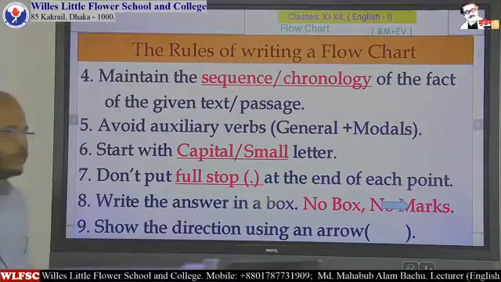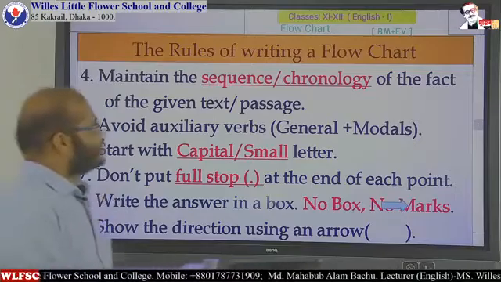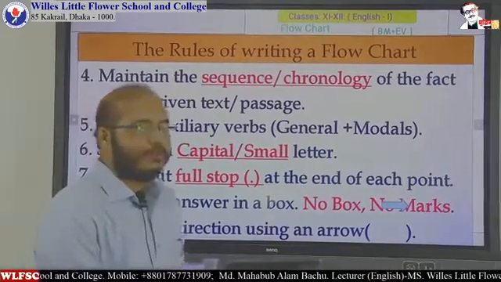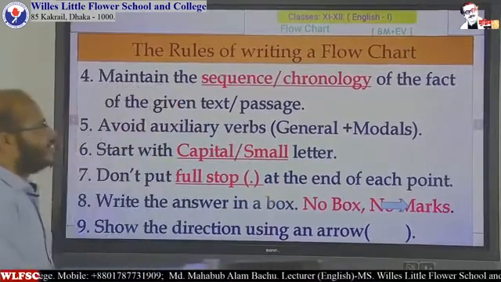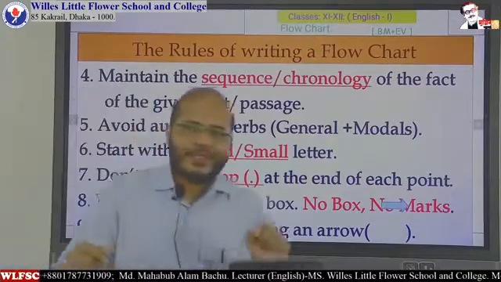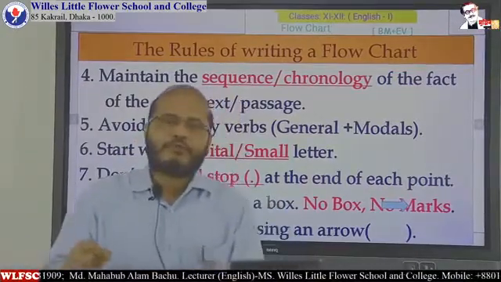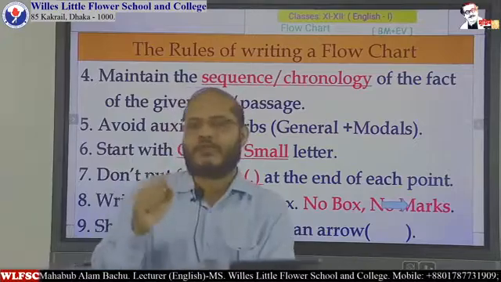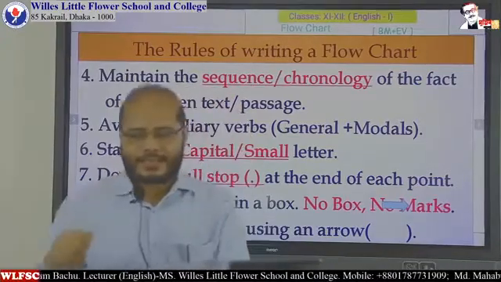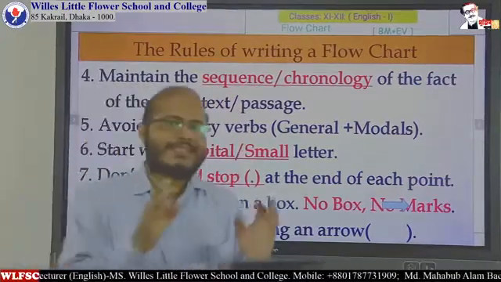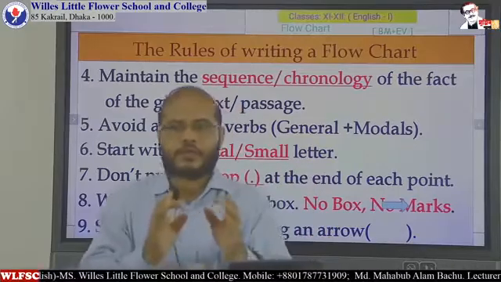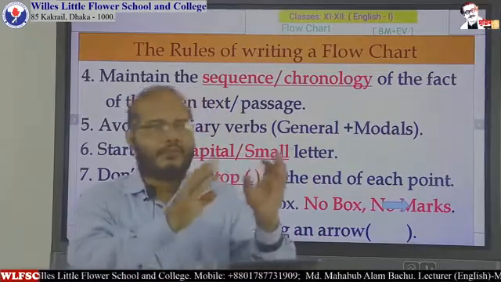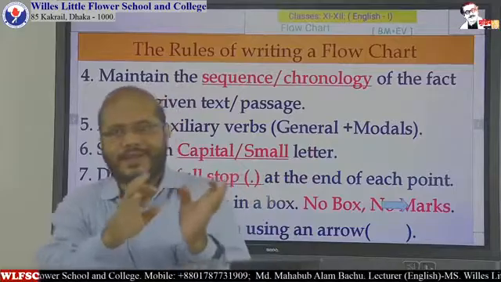Come to the next rule, number 4: maintain the sequence or chronology of the facts of the given text or passage. It is also an important rule. You have to follow the sequence of facts in the passage, because this is a flow chart, and flow indicates direction.